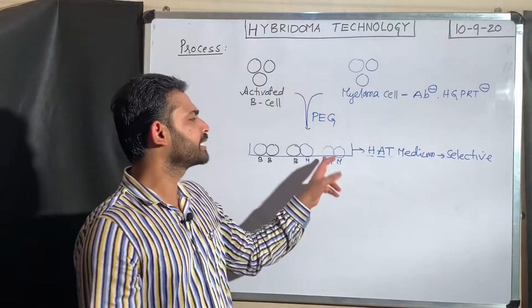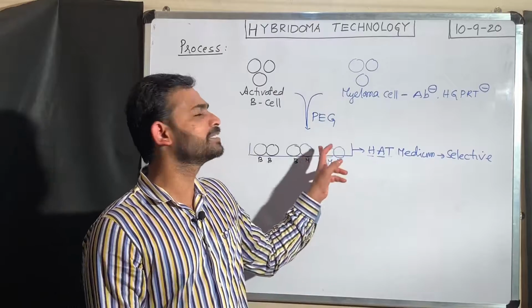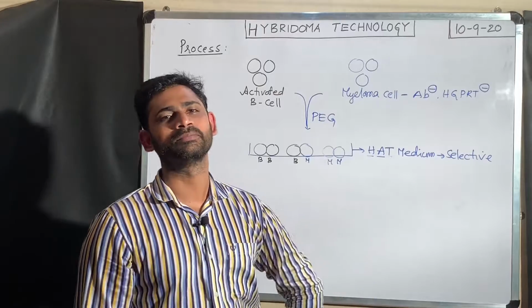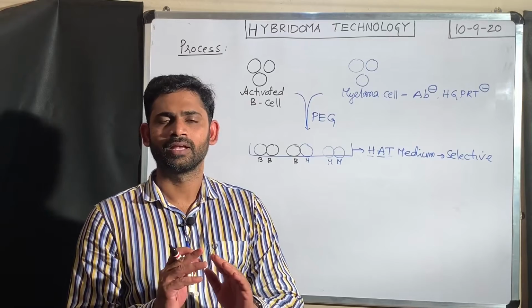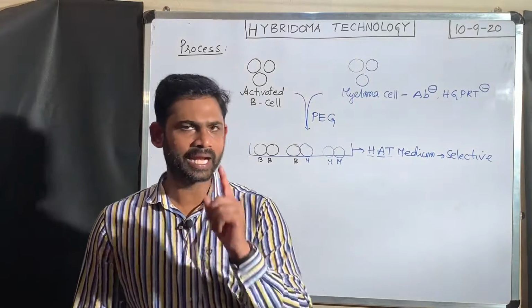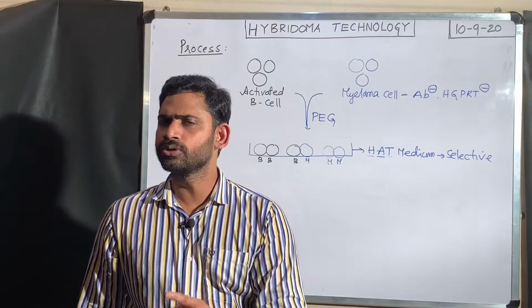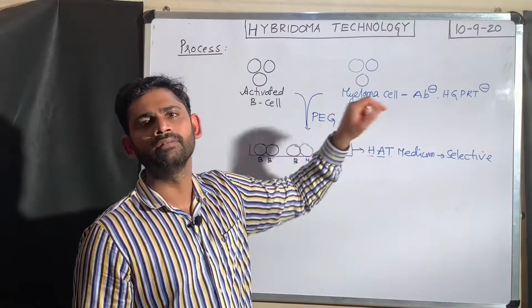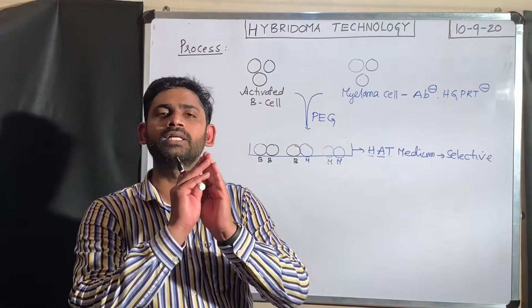The next one, you take the myeloma cell hybrid. Here, what is happening with this myeloma cell? As we know, this myeloma cell is HGPRT minus, so at any cost it cannot proceed with the salvage pathway. That is one thing. Second, if they want to survive, they need nucleotides, synthesized either by the de novo pathway or the salvage pathway. But because of the lack of the HGPRT enzyme, myeloma cells alone cannot proceed with the salvage pathway.